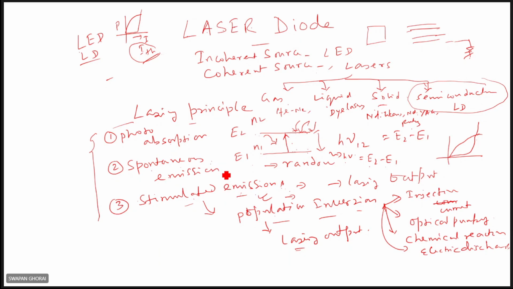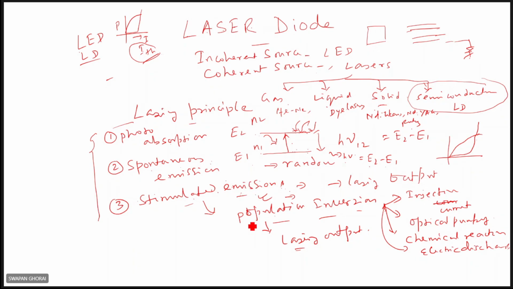The probability is not zero, but in conventional sources the probability of stimulated emission is very, very small, very near to zero. But it is not zero actually. Some stimulated emission is always there, but mostly it is dominated by spontaneous emission. So if you can make something where stimulated emission dominates, then you will get the lasing action, or the lasing output.